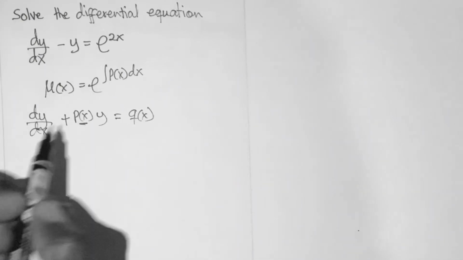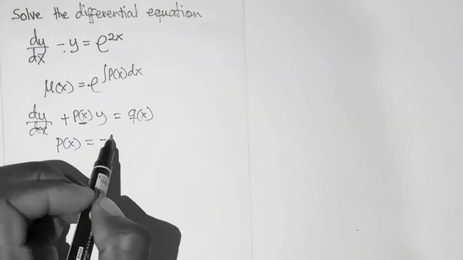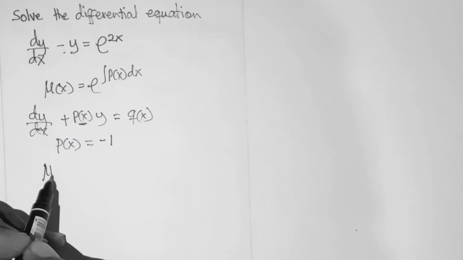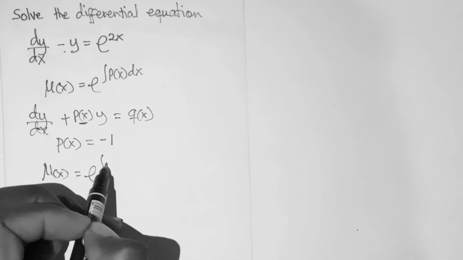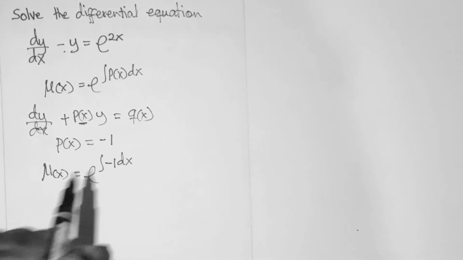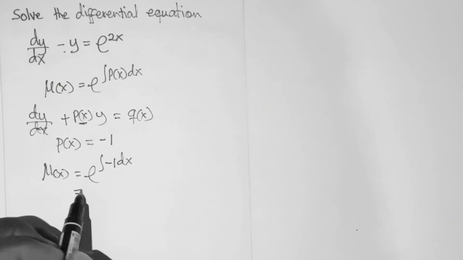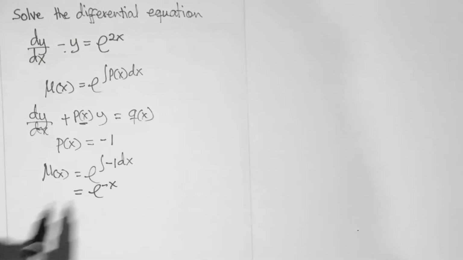In this case, p(x) is equal to minus 1. So mu(x) is equal to exp of the integral of minus 1 dx. If you integrate minus 1 dx, you get minus x. So this is equal to e^(-x).